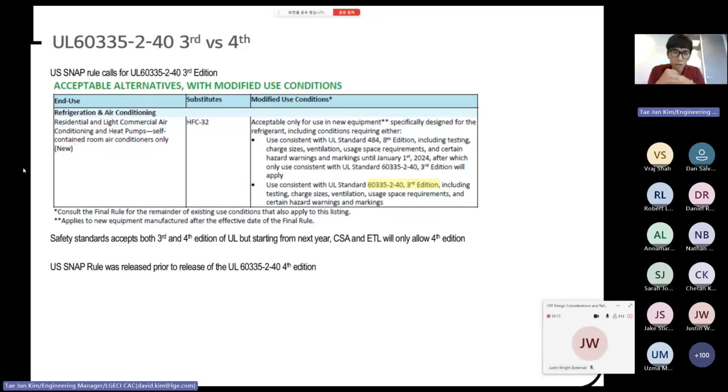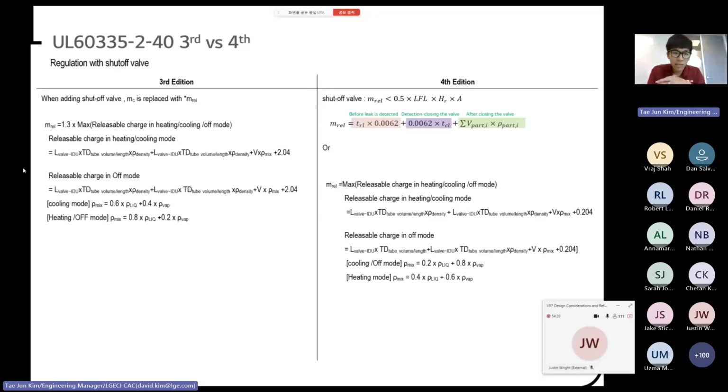So the key difference between the 3rd and 4th is basically that the formula used to calculate this MREL is different. The 3rd edition is a lot stricter in calculating compared to the 4th edition. As you can see in the basic comparison to the MREL, in the 4th edition there is no multiplying by 1.3. The 3rd edition multiplies by an additional 30% in addition to the existing formula listed here.